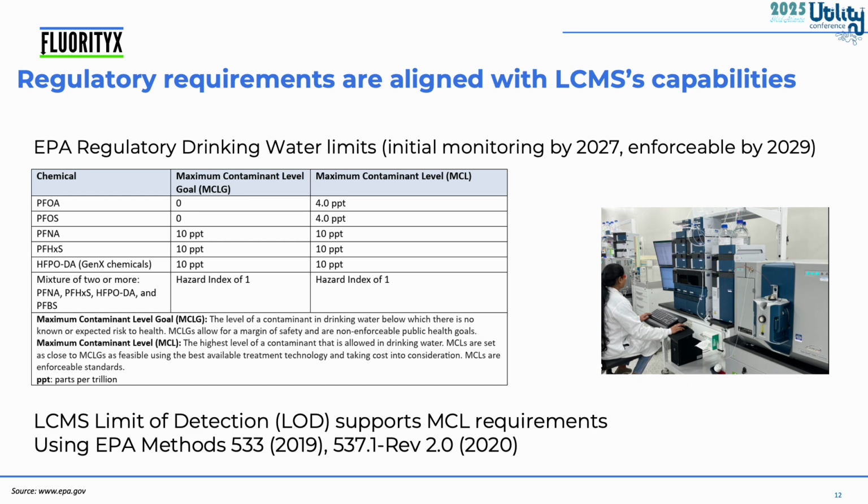You can look at the methods for drinking water detection. Those are the EPA methods, 533 and 537.1. But again, the LCMS was the chosen instrument to be utilized in the protocols that were developed for PFAS detection.